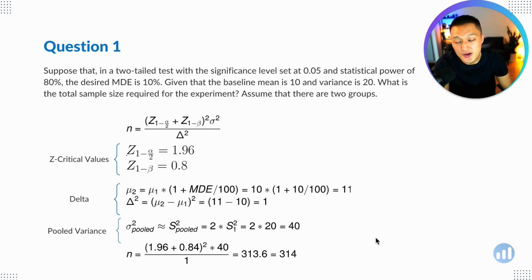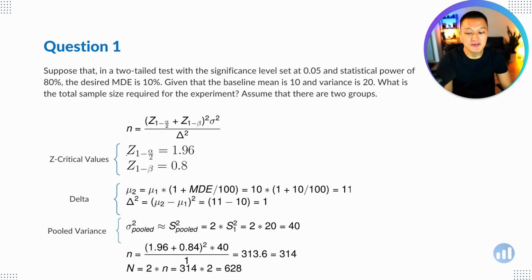It equals 313.6, which we need to round up in order to accommodate for the decimal. So the sample size we need on a per group basis is 314. Now the question ultimately asks us, what is the total sample size required for the experiment? So we simply take 314 and multiply by 2, which gives us 628. So that is the total sample size required for the experiment.